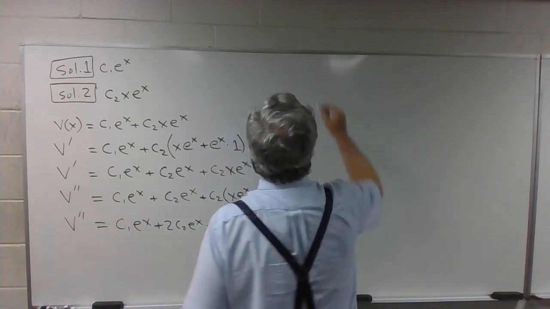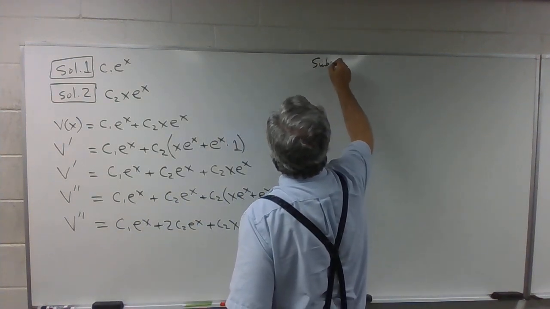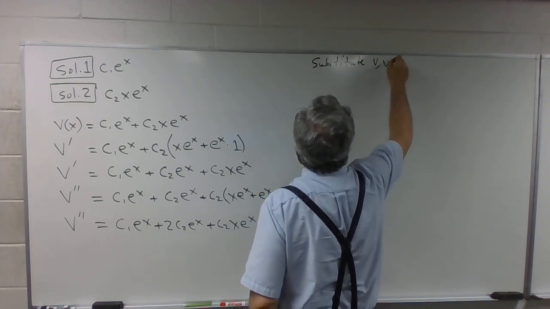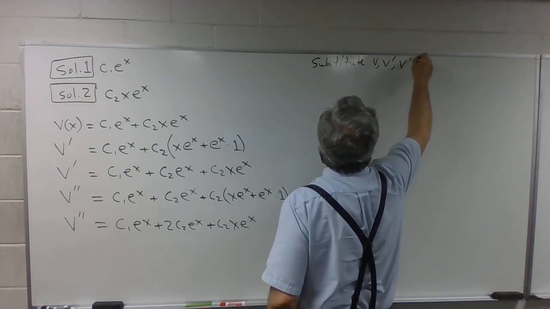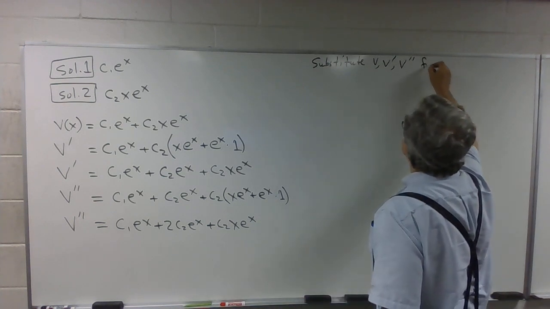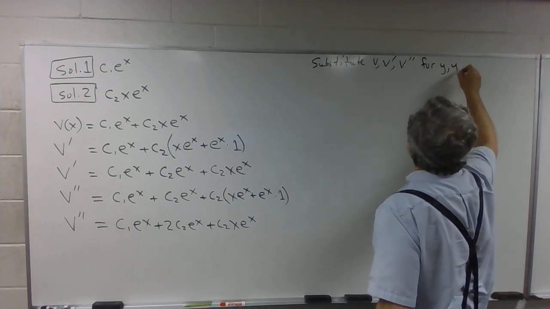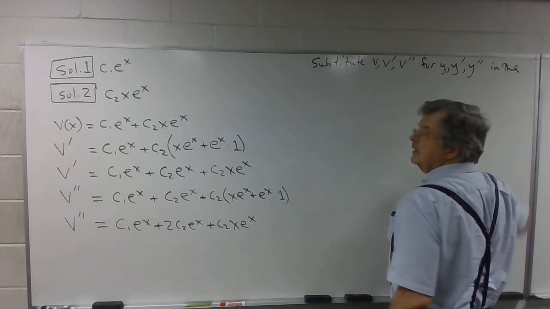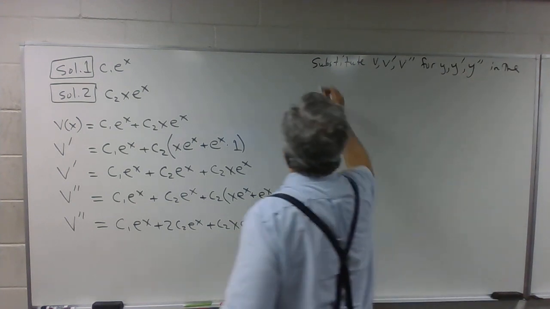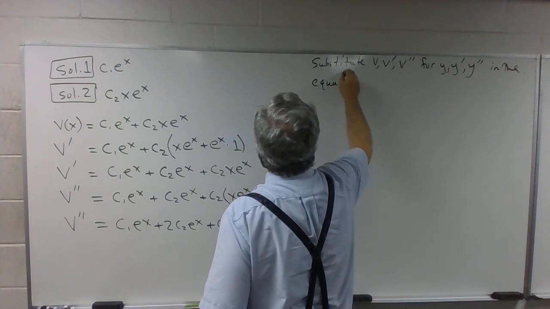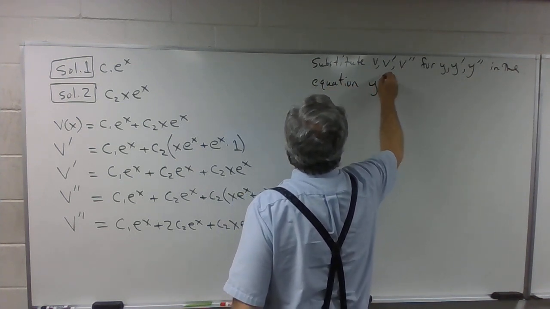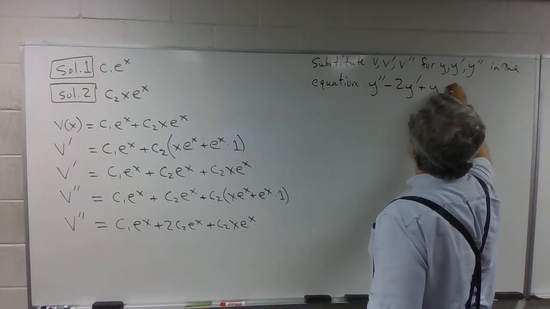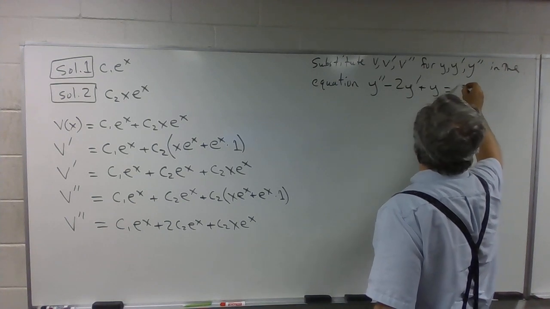And here's what we're going to do. Substitute V, V prime, V double prime for Y, Y prime, Y double prime in the equation Y double prime minus 2Y prime plus Y equals 0.